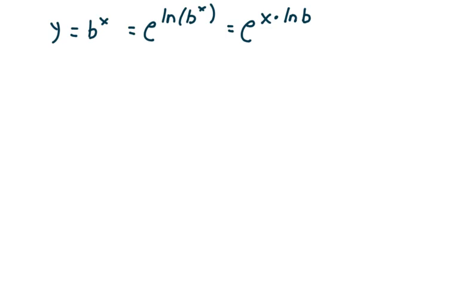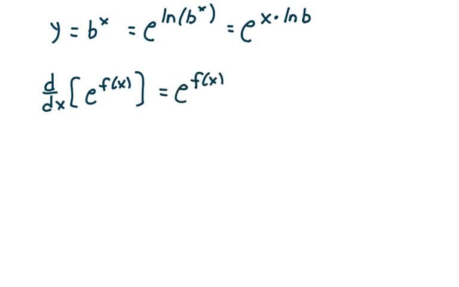So it's just properties of logs. Now, recall, the derivative of e to the f of x with respect to x is e to the f of x times f prime of x.